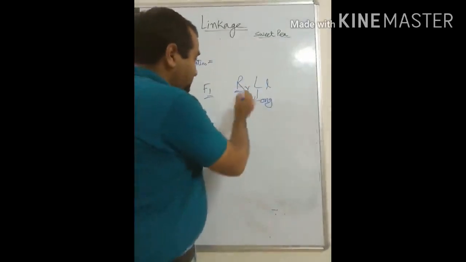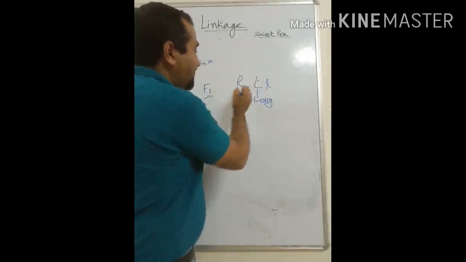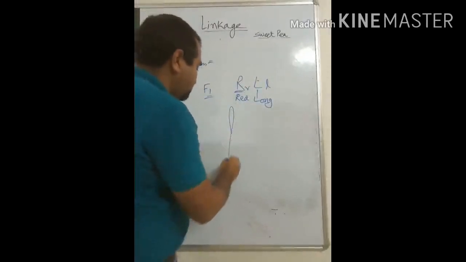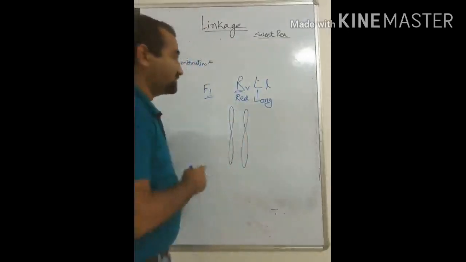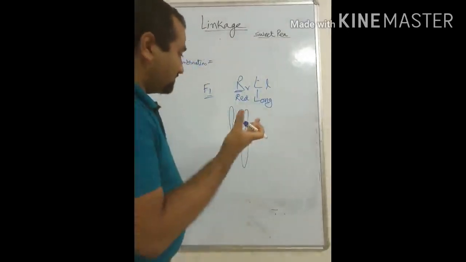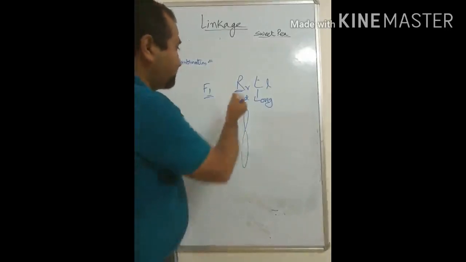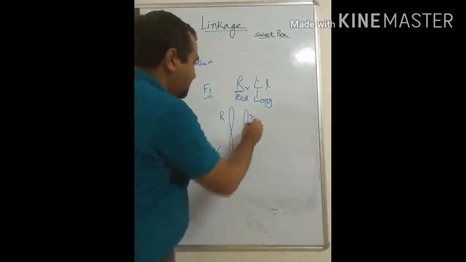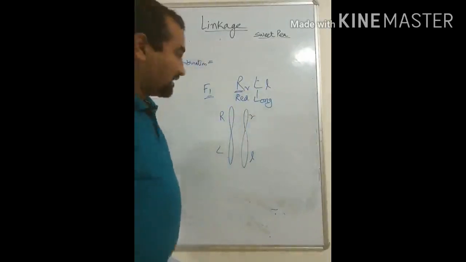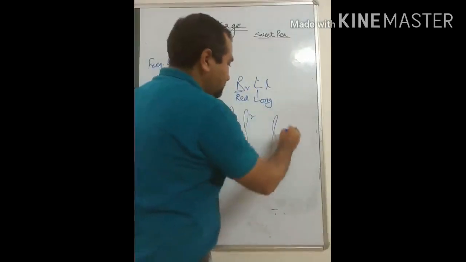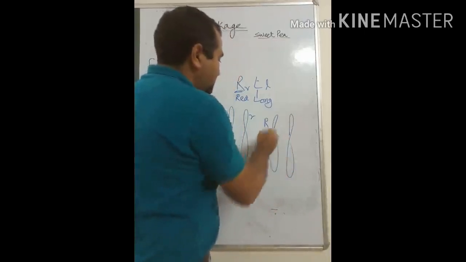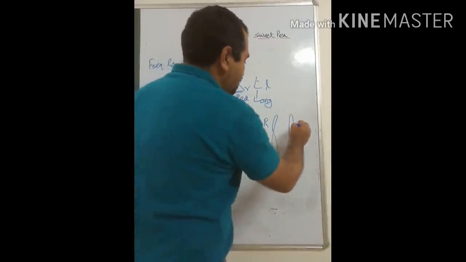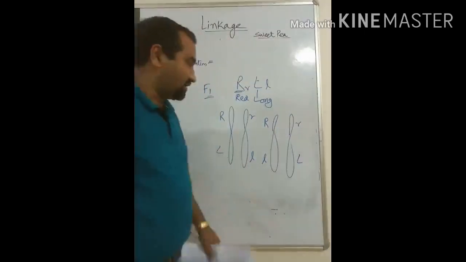Here the genotype of this plant can be represented as follows: these are two homologous chromosomes, and there may be two conditions of representing these genes. One is RL and rl, and another condition is R and small l on one chromosome, and small r and capital L on the other.